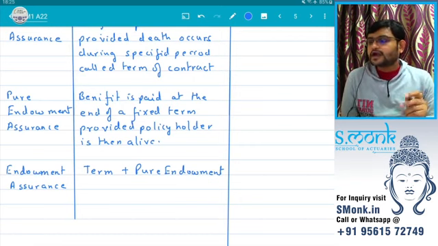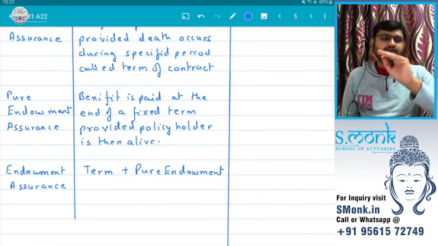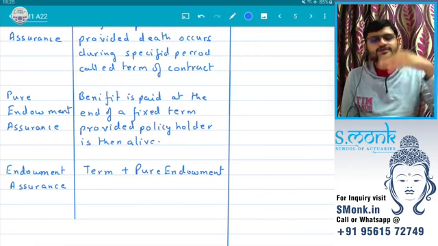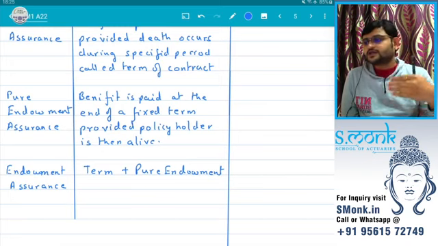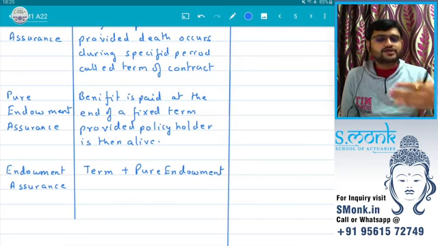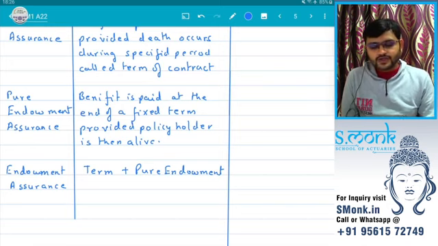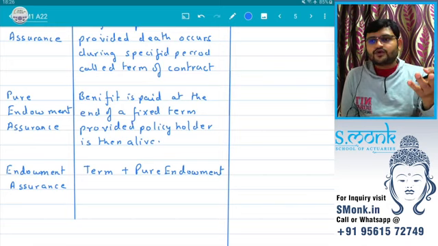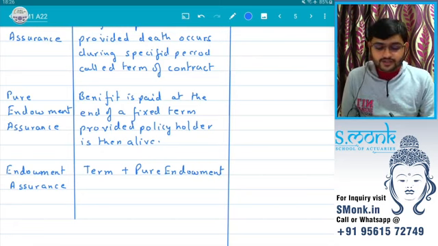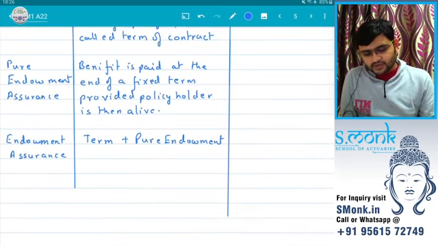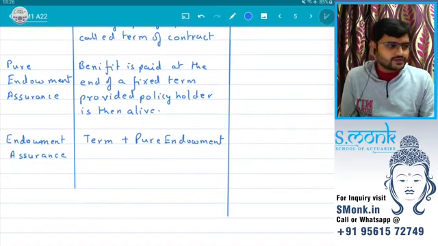Maybe you know that after 65 or 75 years of age, you would require some assistance, because you will not be very well in terms of going around. So maybe you will require a nurse for taking care of you, so you will be keeping money for that. If you survive, you require that money. If you don't survive, you don't require that money. Correct? So we keep such kinds of policies. There might be many different reasons, right?